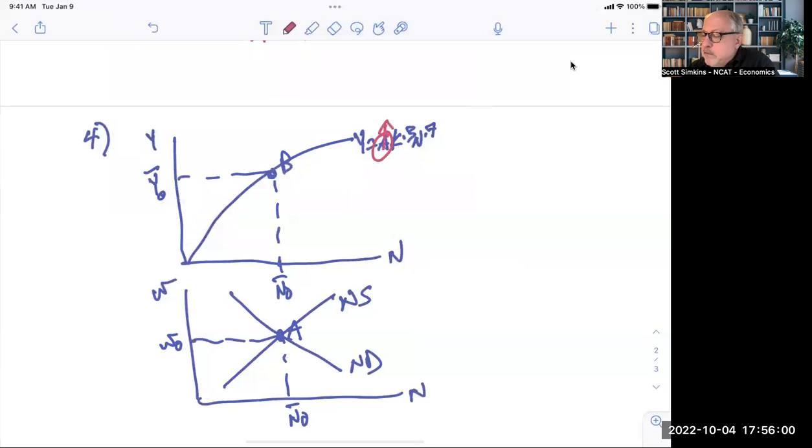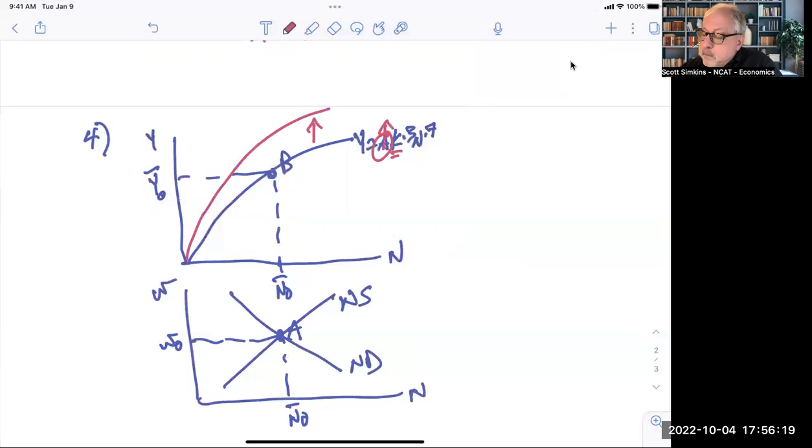That has to do with increasing A. It might have to do with increasing K as well, because often new computers, new software, it's kind of combining both those ideas, embodying that in new capital, but it's a shift upward of the production function. That's the key point.